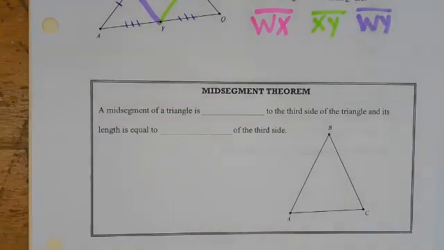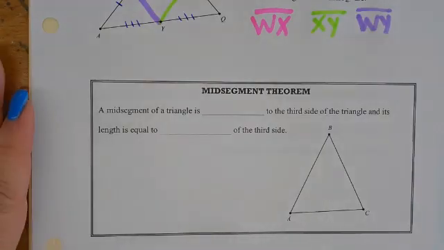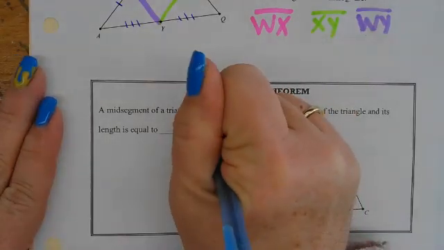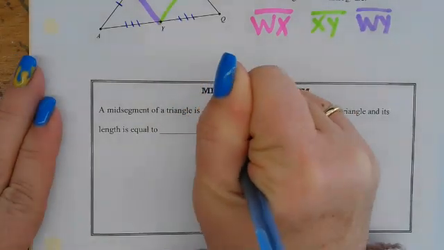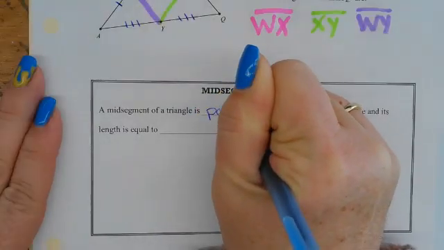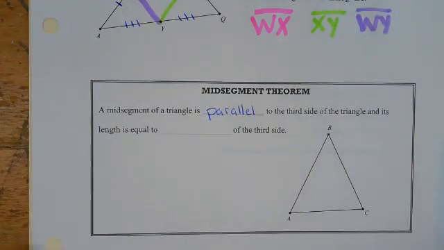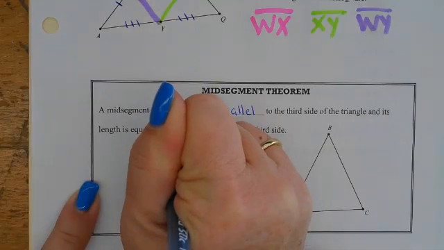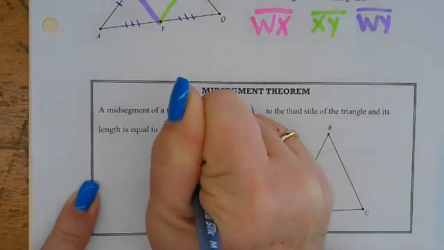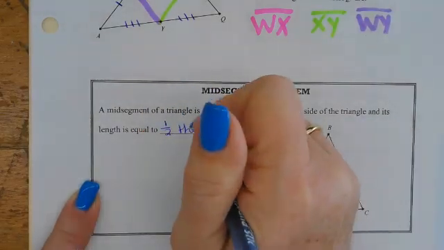All right, so the mid-segment theorem. A mid-segment of a triangle is parallel to the third side of the triangle, and its length is equal to half the length of the third side.